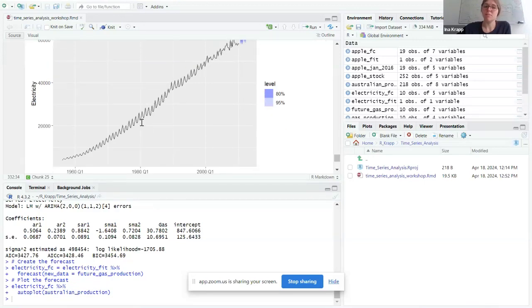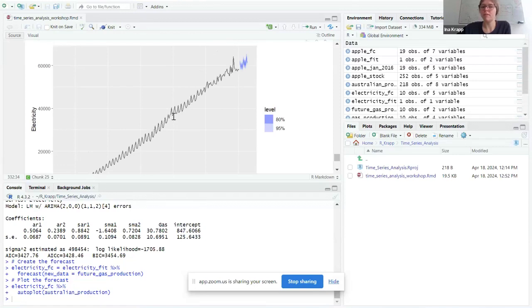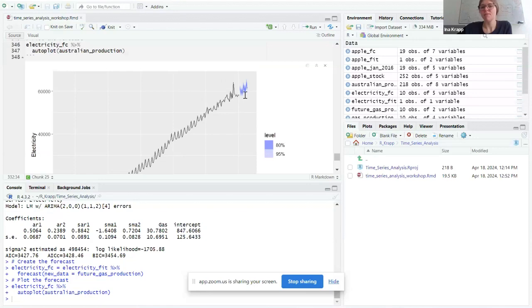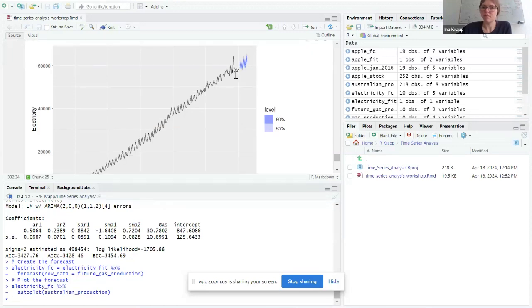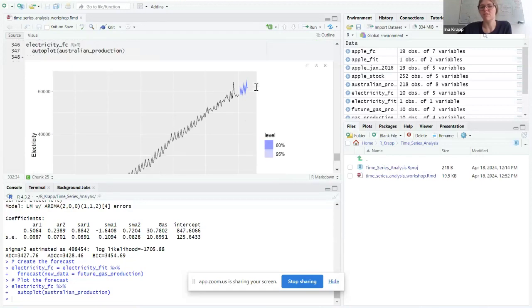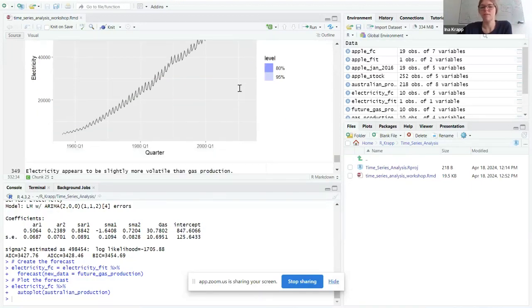It appears to have been more regular in the past with these seasonal spikes. So in newer periods, we have more irregular fluctuations, I'd say, and they are also continued in the prediction. Still, all in all, it looks as if the model is continuing the present trend. All in all, it looks reasonable.